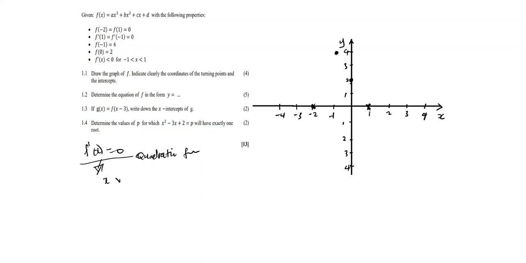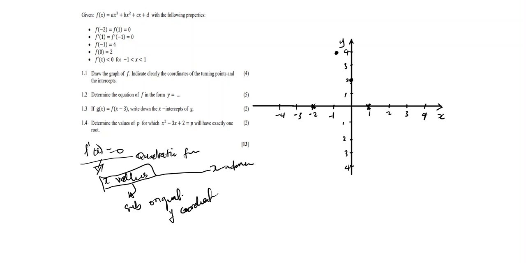You take those x values, you substitute them inside the original cubic function, then you get y coordinates of the turning point. So now, these x values that you are obtaining are the x-intercepts of a quadratic function.